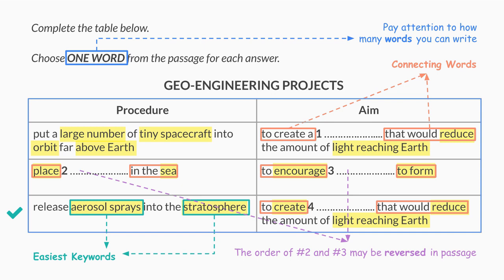Now, the last thing that I want to point out is a point that I've mentioned before. I told you that these questions are going to go in order most of the times. So most of the times, the answer to number 2 is going to come before the answer to question number 3. However, if you see 2 questions right next to each other, like what we have over here, number 2 is here, and then right next to it we have question number 3.